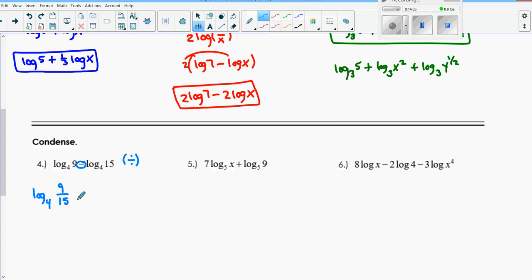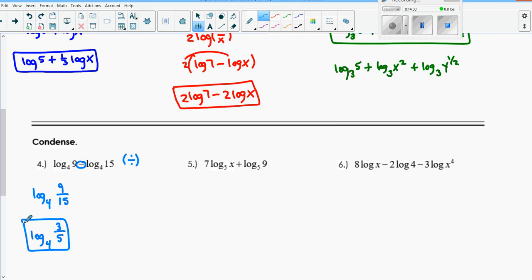Again, the idea when we condense is that it's redundant to say log base 4 and log base 4. Instead, I can say log base 4 and then just the expression 9 divided by 15. Simplify whenever possible. 9 divided by 15 can be simplified. If we divide by 3, it becomes 3 over 5. Okay, so then that is condensed.